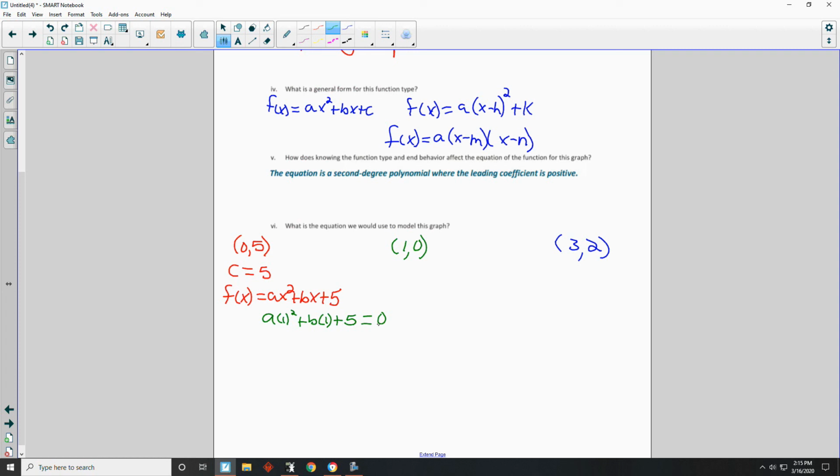So 1 squared is 1 times a, so that simplifies to a plus b. Move the 5 over to the other side. a plus b equals negative 5.